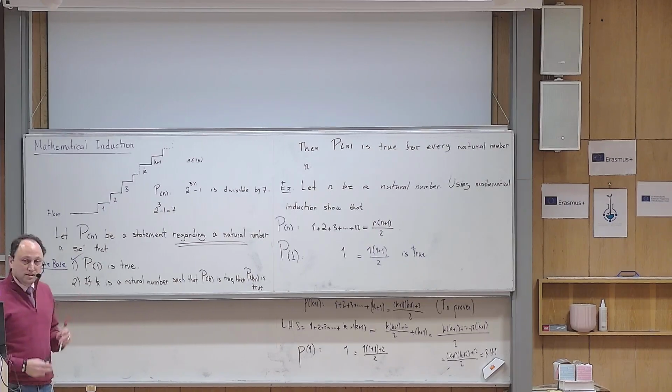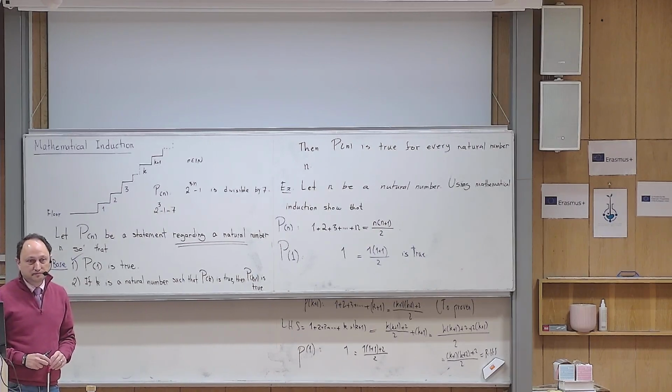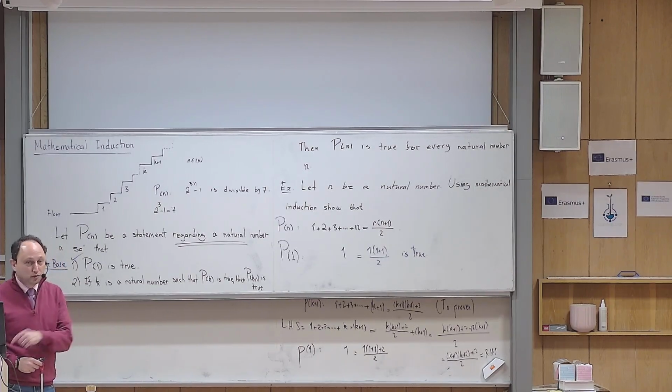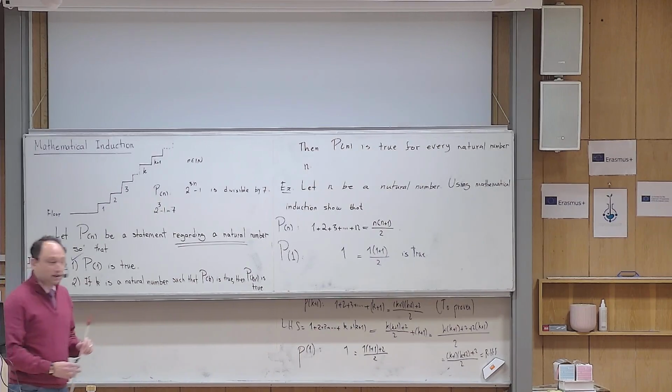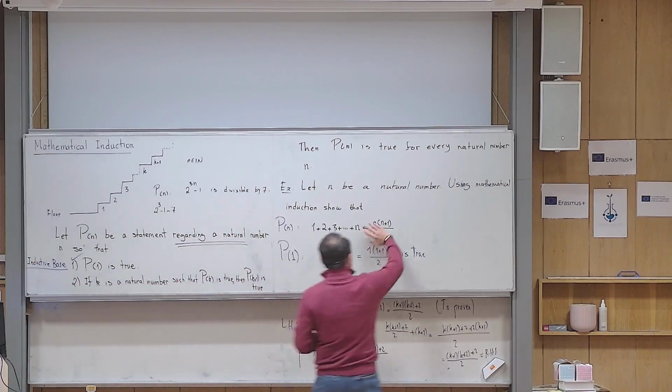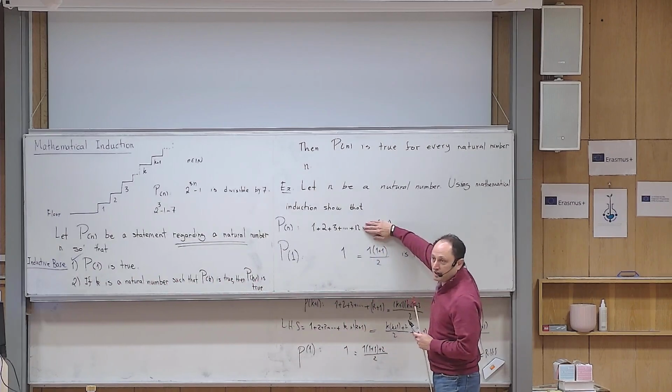But another weakness is what? It is not productive. You need to have the correct formula and then prove it. Okay? So you remember Gauss didn't know the right-hand side.